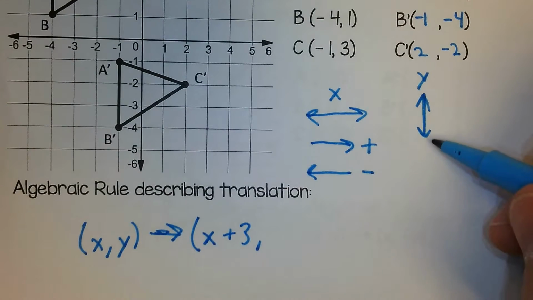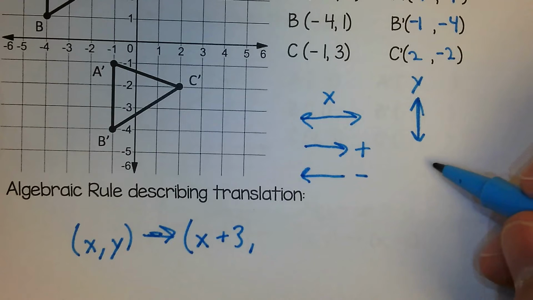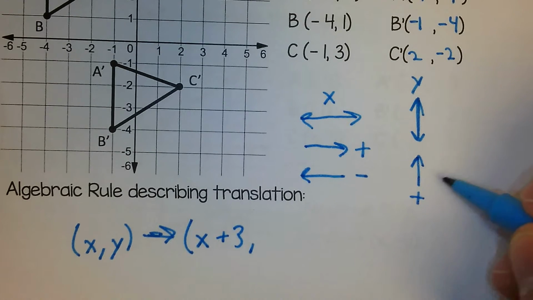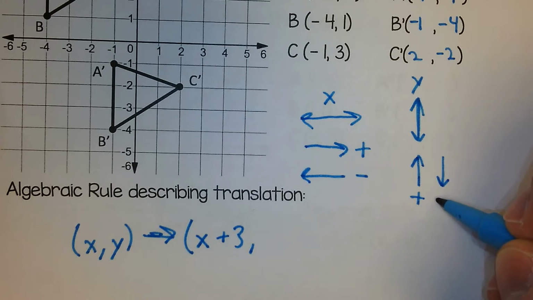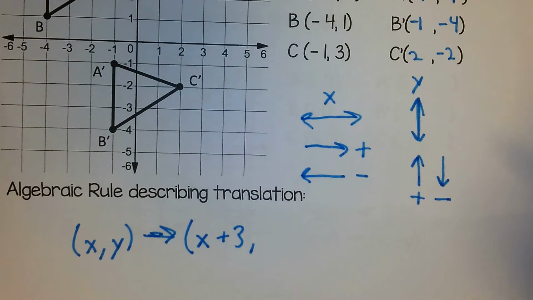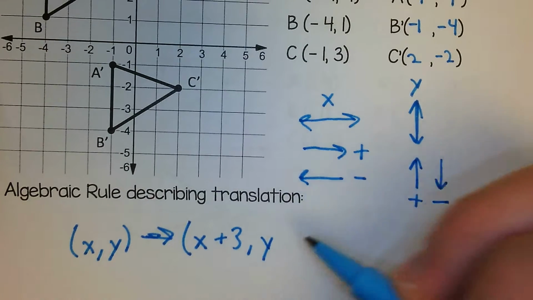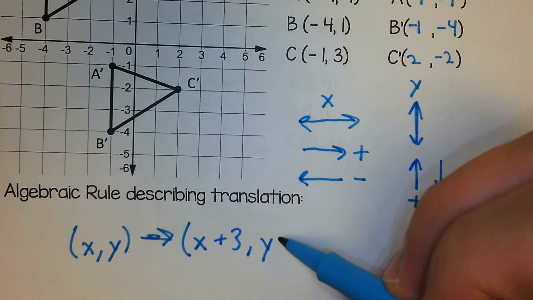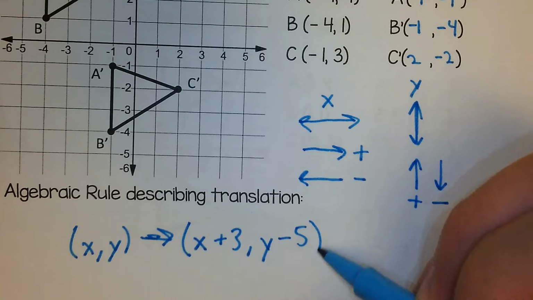And then the y value, because that controls the up and down, if I move something up, I'm going to add, and if I move it down, I'm going to subtract from the y value. Starting at the y value, I moved it down 5, so I would subtract 5 from the y value.